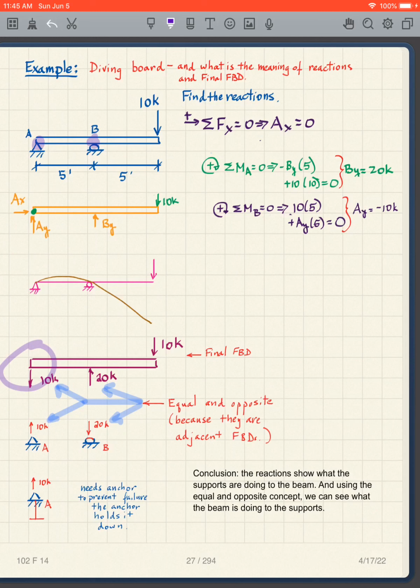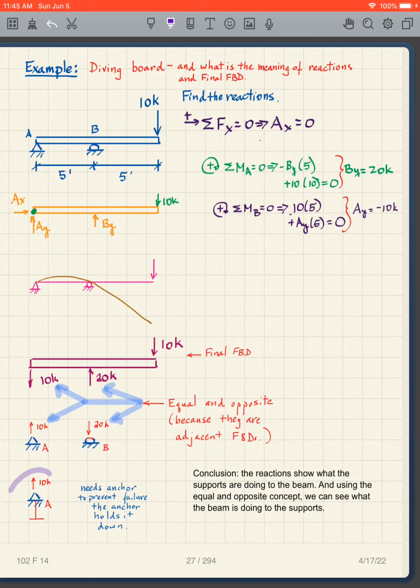If I'm looking also at point A, but the bottom free body diagram, they've got to be equal and opposite. And the same thing, equal and opposite at that point, depending on whether we're looking at the upper or lower free body diagram. So sometimes that's the way we're going to be looking at things in more detail.